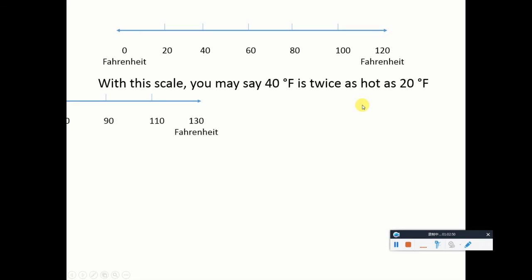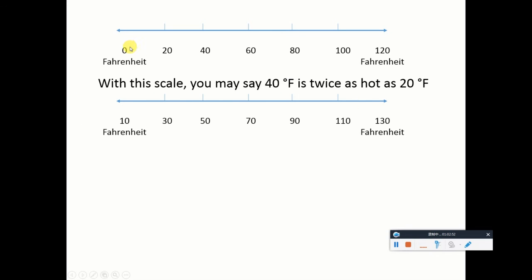But imagine we replace this arbitrary 0 point with 10 degrees Fahrenheit. We could do that because 0, as we said, is arbitrary, right? It does not mean the absence of temperature. It simply means a certain low temperature, right?